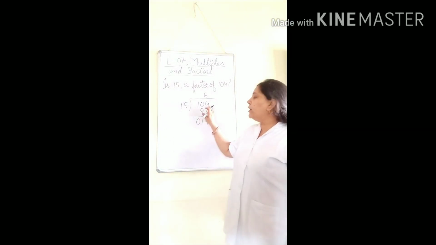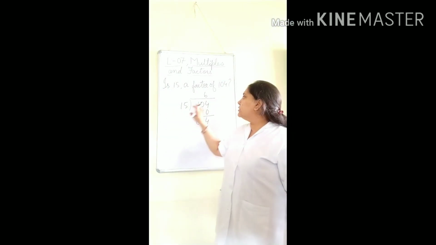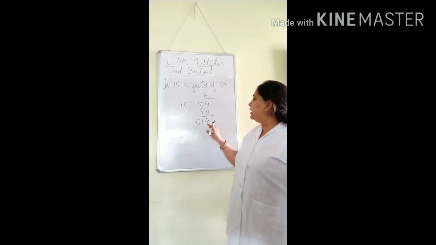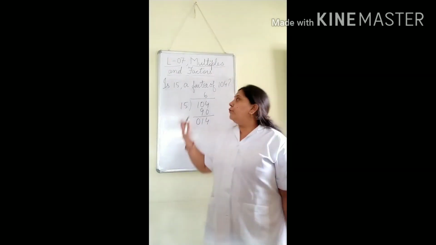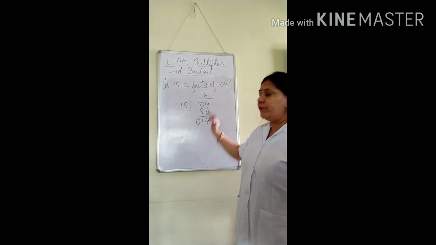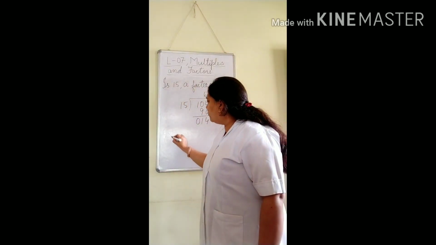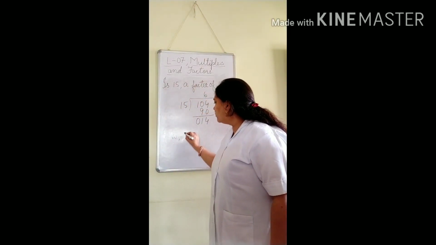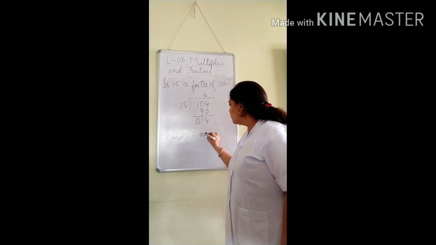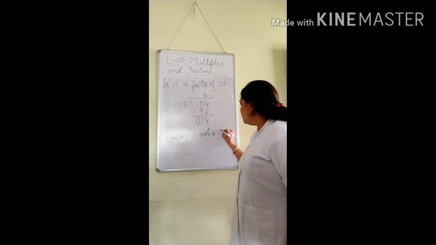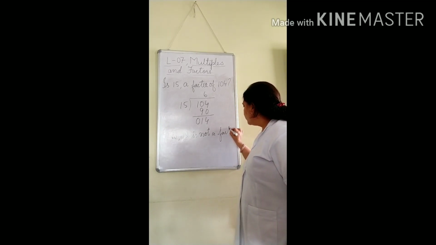When we divide 104 by 15, it is not completely divisible. It leaves the remainder 14 here. So, we say that 15 is not a factor of 104. No, 15 is not a factor of 104.